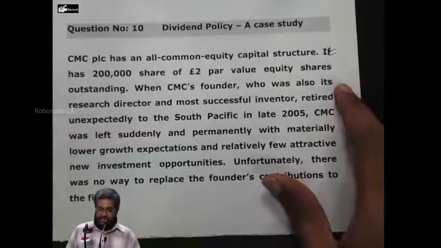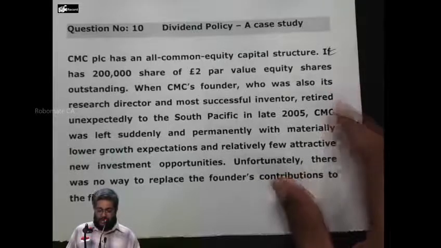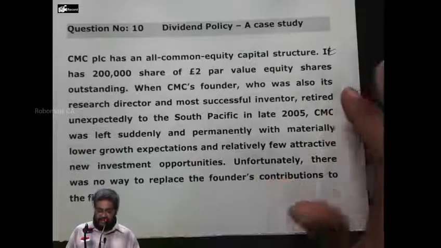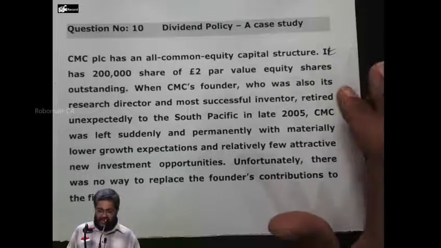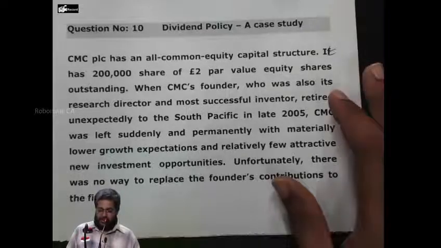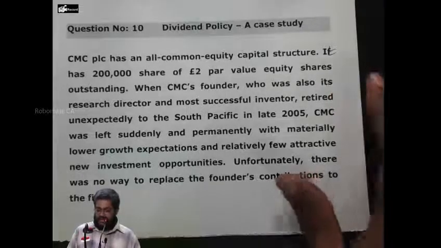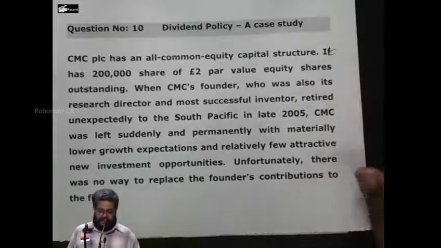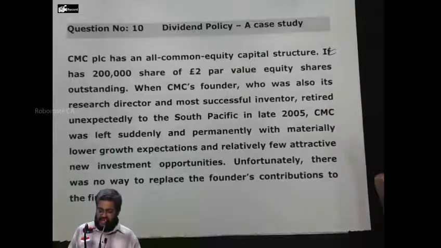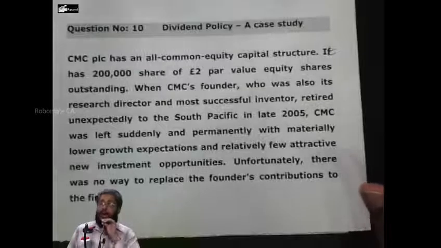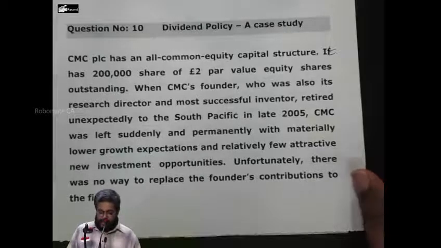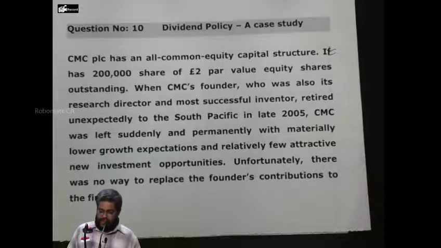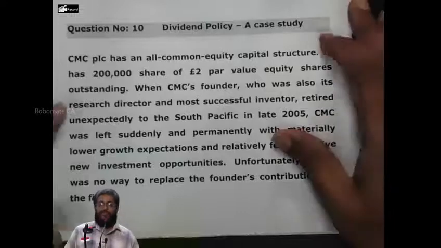When CMC's co-founder, who was also its research director and most successful inventor, retired unexpectedly to the South Pacific in late 2005, CMC was left suddenly and permanently with materially lower growth expectations and relatively few attractive new investment opportunities. Unfortunately, there was no way to replace the founder's contribution to the firm.